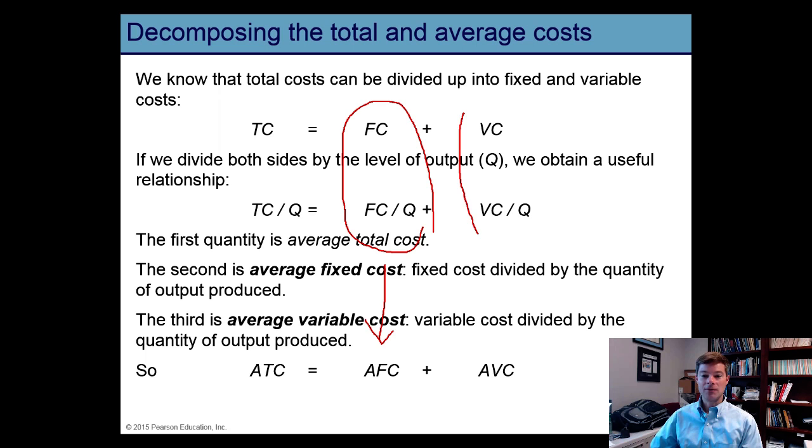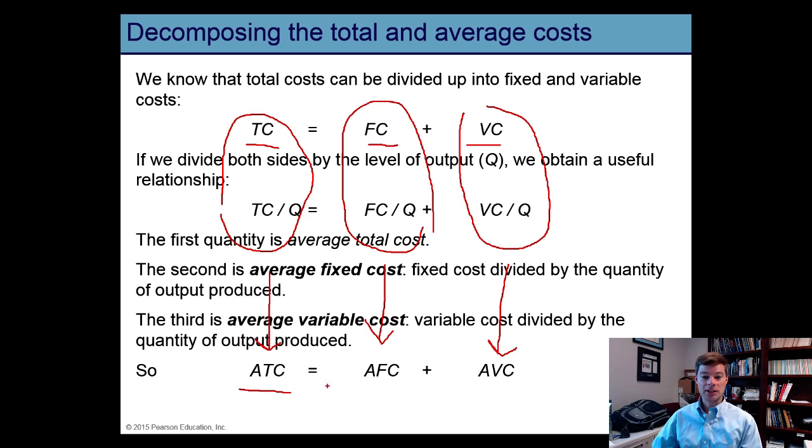And if you divide variable costs by quantity, you'll get average variable costs. Similarly, we could divide total costs by the amount of output we're producing, and this would give us the average total cost of production. Since total costs equal fixed costs plus variable costs, this means that average total costs equal average fixed costs plus average variable costs.